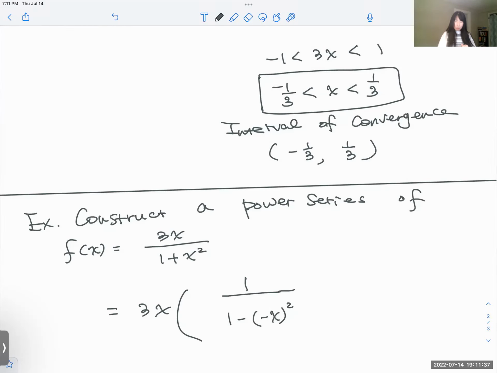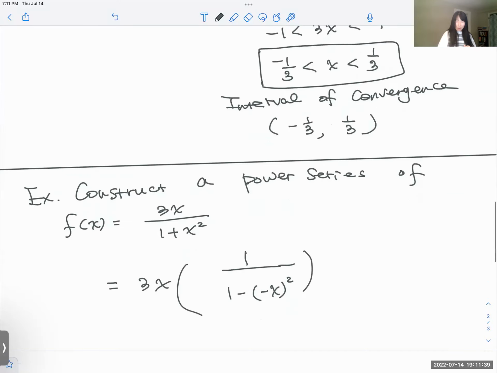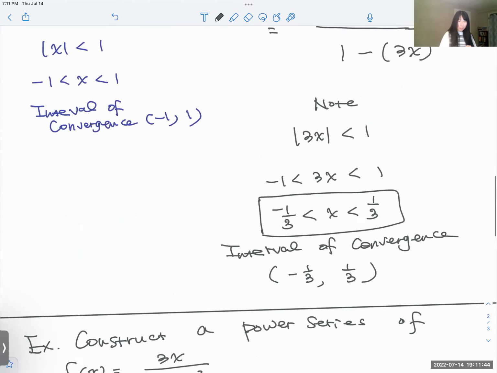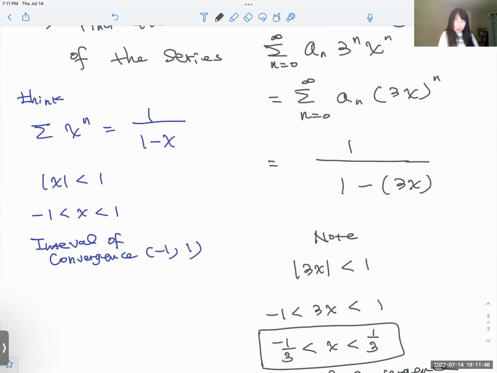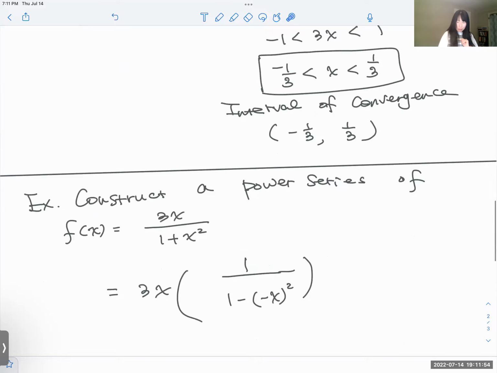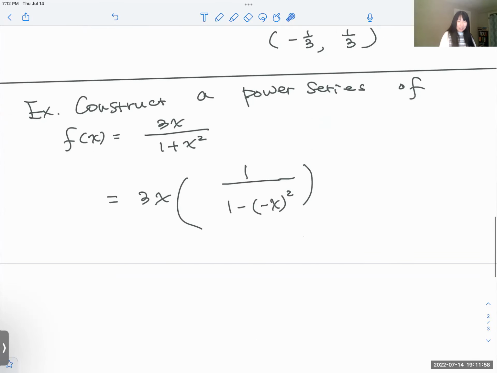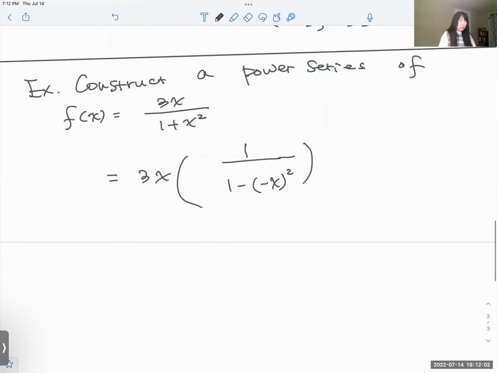Now, then look, if we have x, then there will be x to the n power, right? Okay, then look, we're going to say this one.